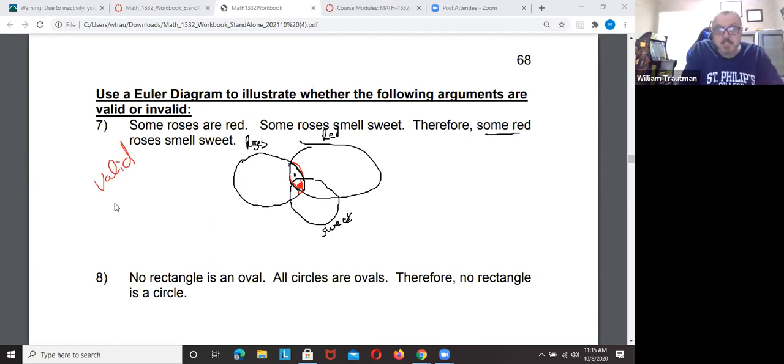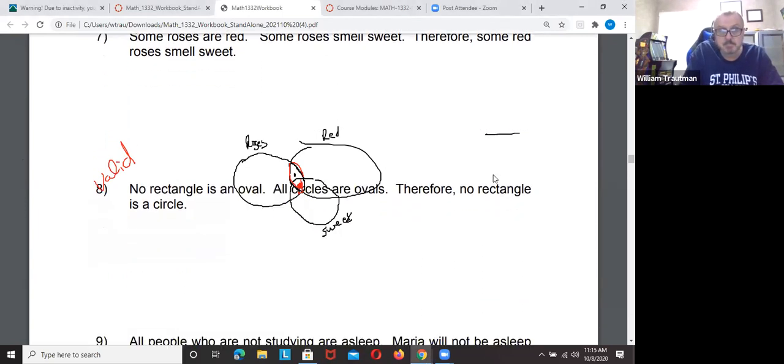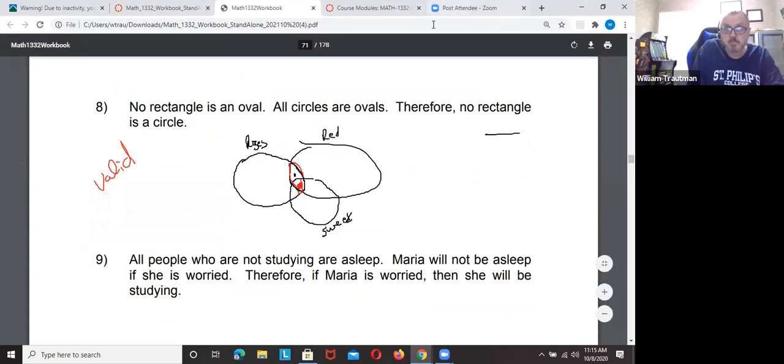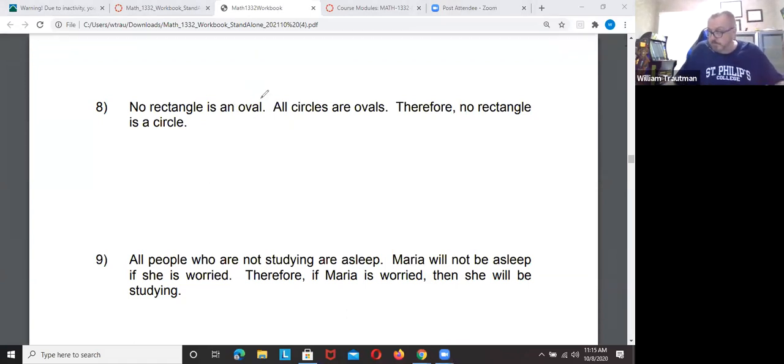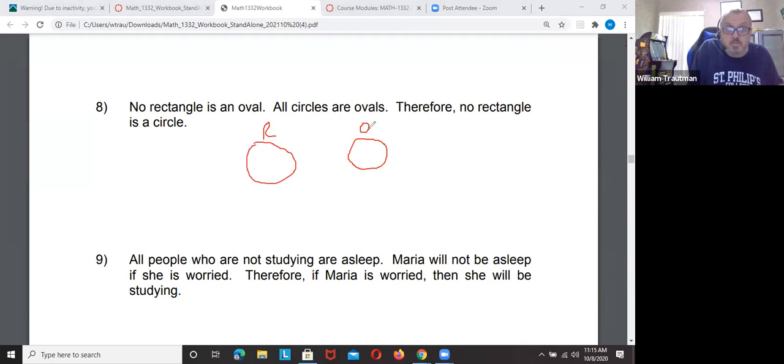All right, let's try the next one. It starts off with no rectangle is an oval. Once again, no means they're separated. No rectangle is an oval. So that's this part. I just drew it in red.